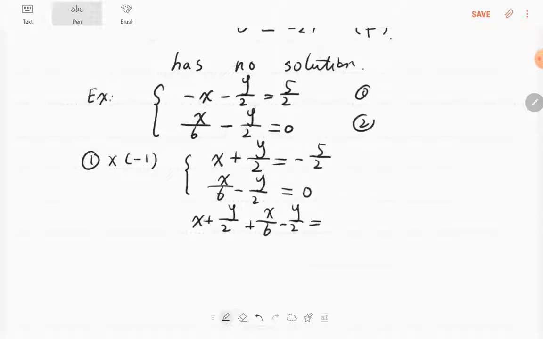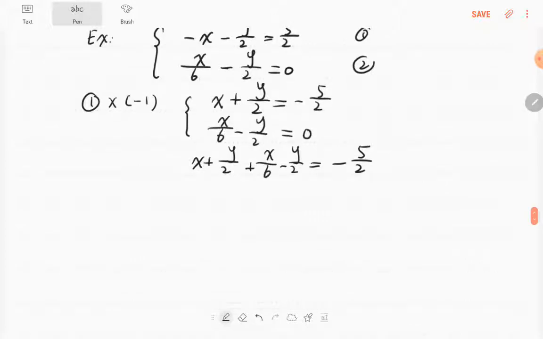And we also need to do the addition for the right side. So adding them up is still negative 5/2. So we eliminate the y variable because the coefficients of the two y's are opposites. So we only keep this. So we will have this.